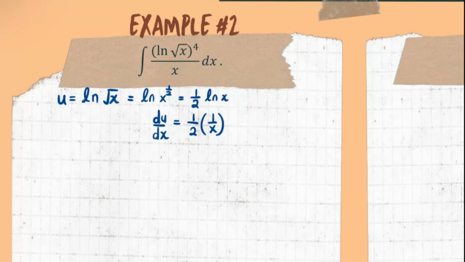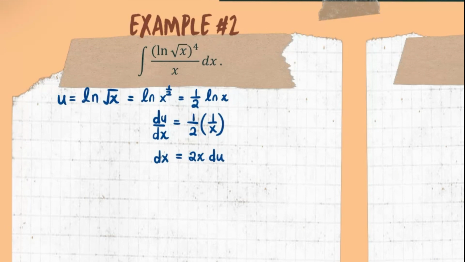So saya nak jadikan dx sebagai subjek. So ini pindahkan ke atas dan 2x here will be multiplied by du. Okay, so here we get 2x du. Sorry, saya terbalikkan dia kejap. Dx will be equals to 2x du.